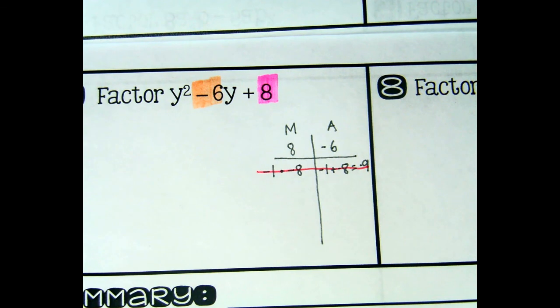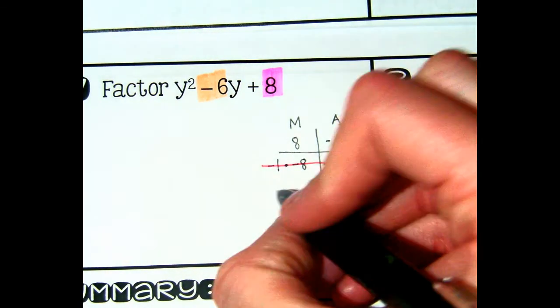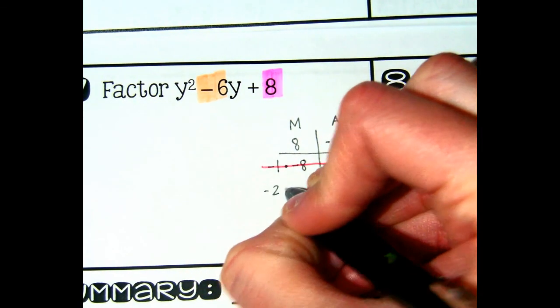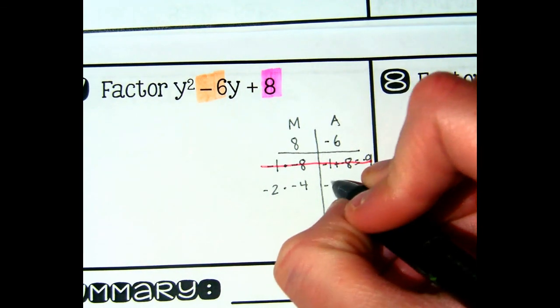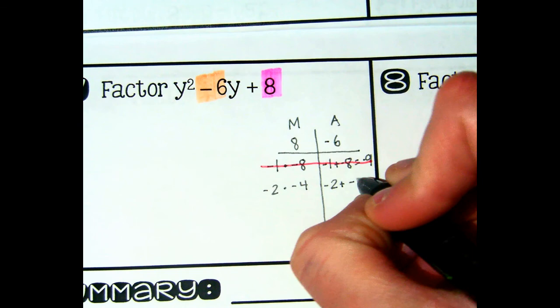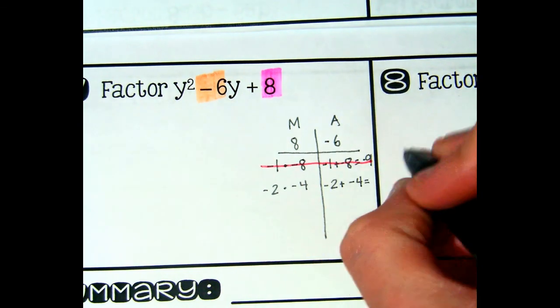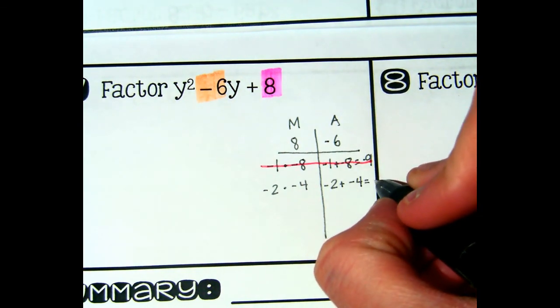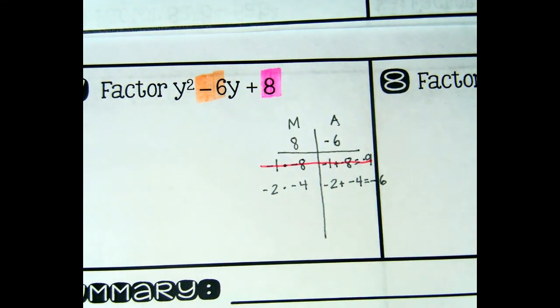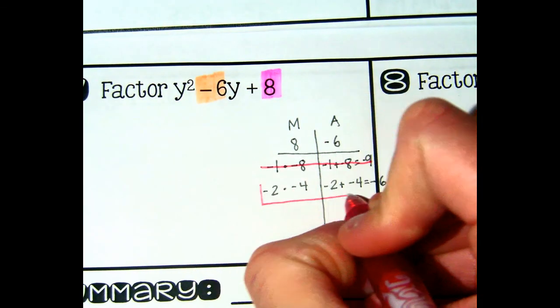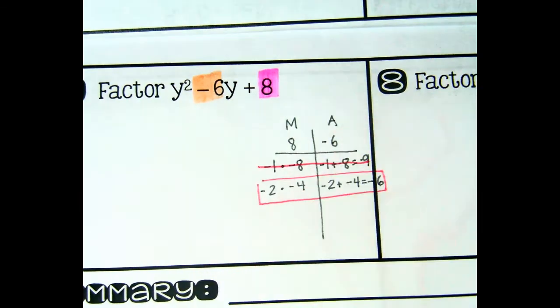Then what do we need to try next? Negative 2 times what? What is negative 2 plus negative 4? Negative 6. It sure does work out with these 2's on this one, doesn't it? Negative 6. That's the one I want then.